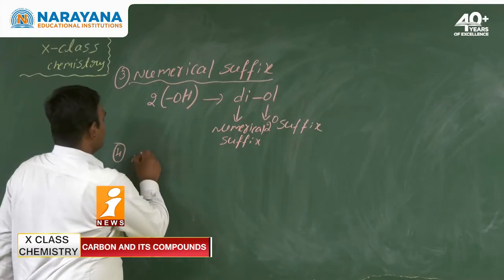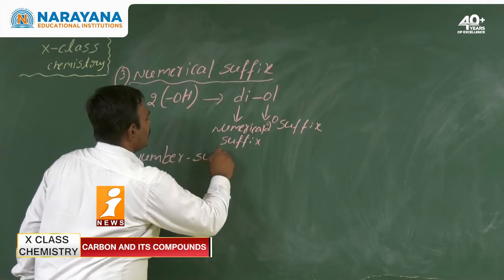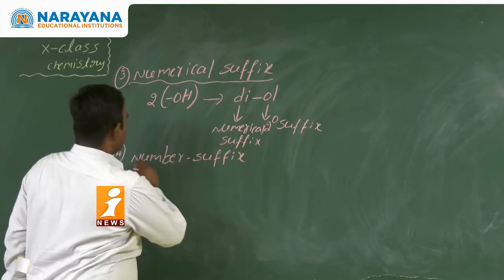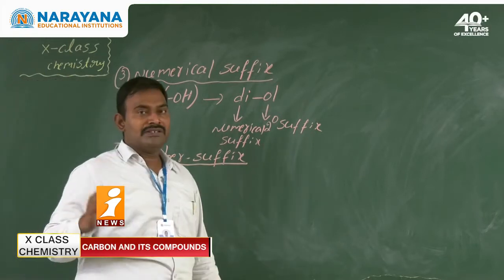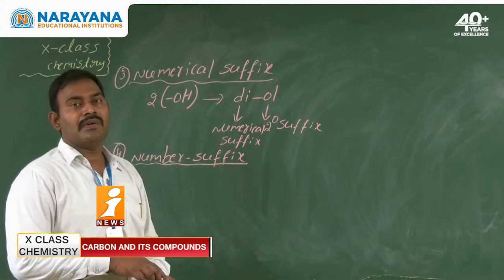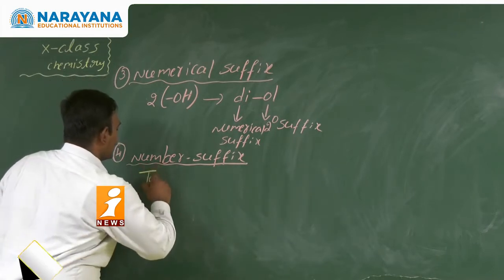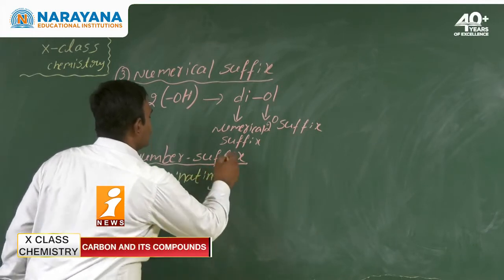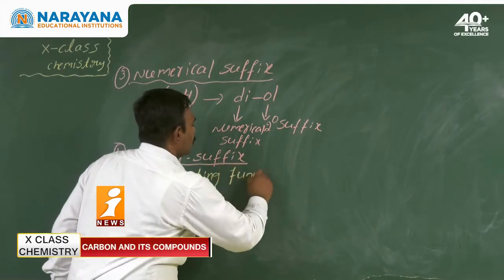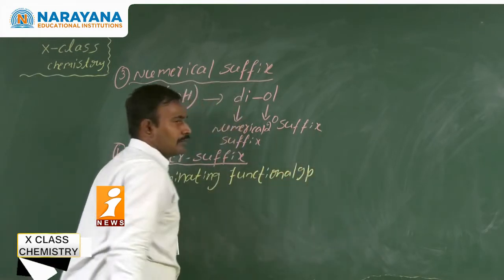Next one, number suffix. In case of number suffix, it indicates to which carbon atom the functional group is attached. In case of a terminating functional group, what is the meaning of terminating functional group?